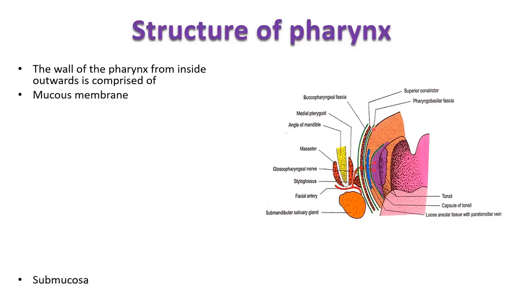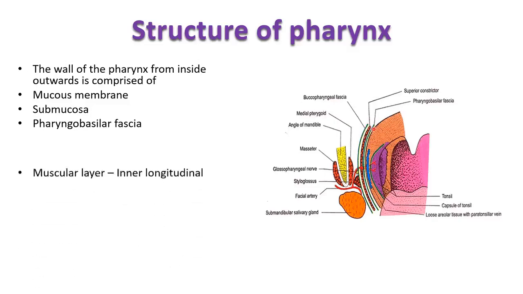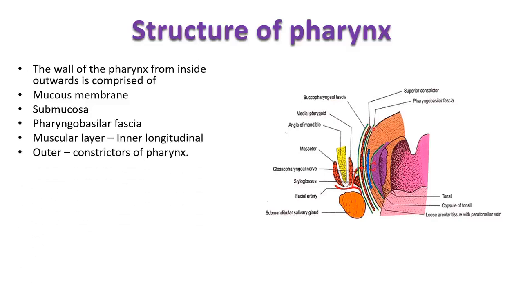External to the pharyngobasilar fascia you see the muscular wall, made up of outer circular and inner longitudinal muscles. This is something like the wall of the gut, but in the remaining part of the gut it is inner circular and outer longitudinal. Here the circular muscle is external and the longitudinal muscles are internal. This is all for functional purposes.